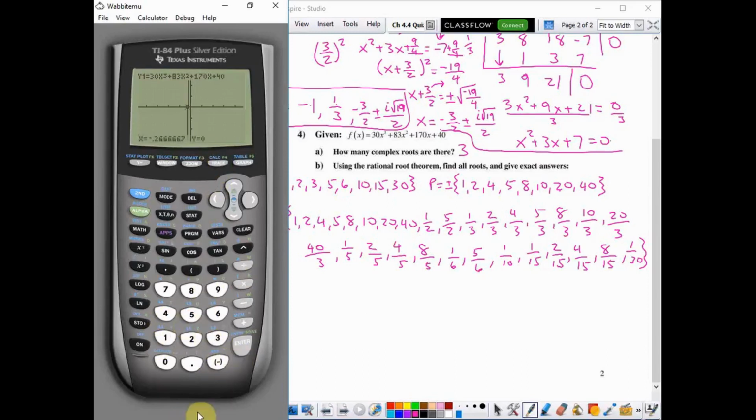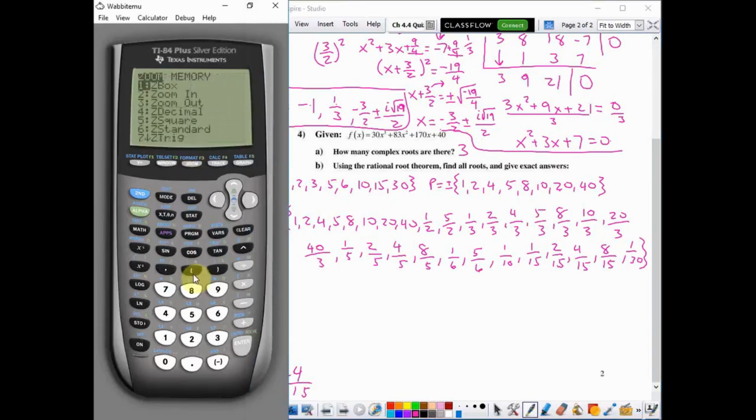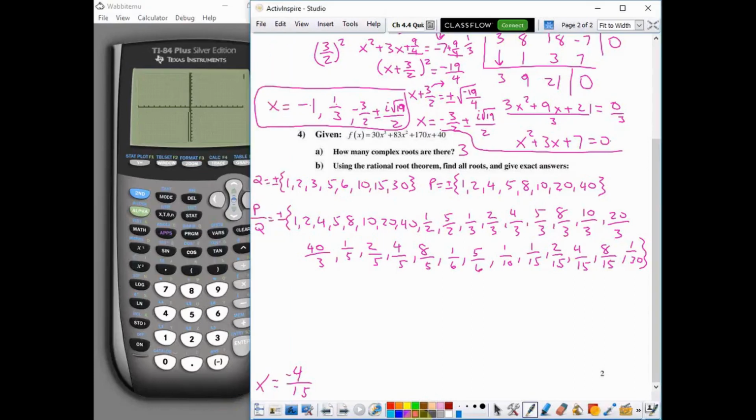Okay, so it can take a lot of guess and check before we finally get to that particular one, but x equals -4/15 is the rational root. Everything else is going to be irrational. If I zoom out to a standard view, we still aren't going to see any more intersections, so this one might even be non-real.